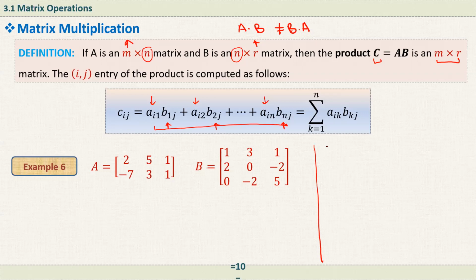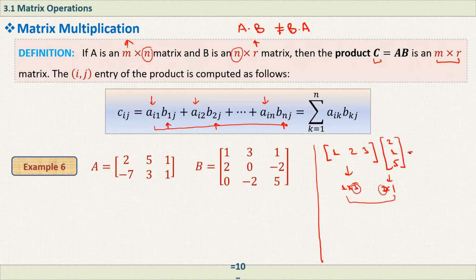For example, let's say I'm given the row matrix 1, 2, 3, and we should multiply it by the column matrix 2, 1, 5. The size of the first matrix is 1 by 3, and the second one is 3 by 1. Multiplying a row matrix by a column matrix, as you see, the 3 and 3 are equal, and the resulting matrix will be of size 1 by 1.